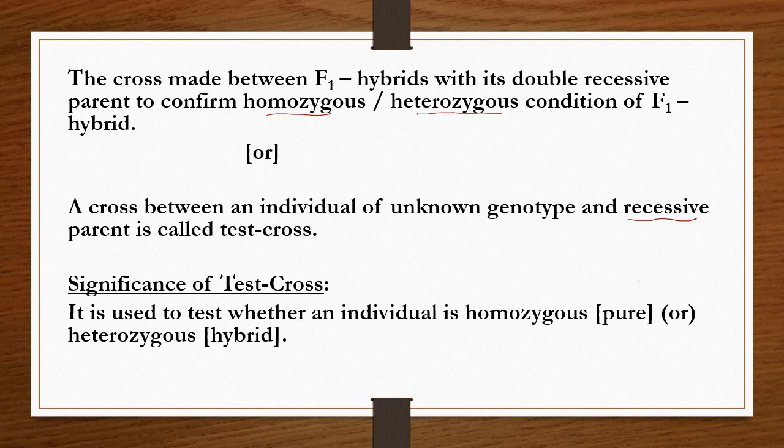If you want to know the genotype, these F1 individuals are crossed with a recessive dwarf parent, and then we can know whether the unknown individual is homozygous or heterozygous. It is also used as a test for linkage. That linkage concept we will discuss later in this chapter.